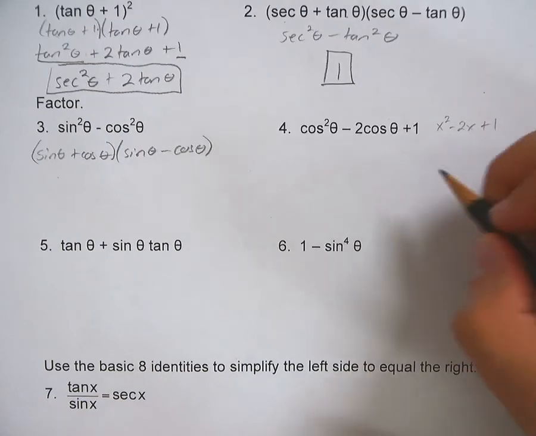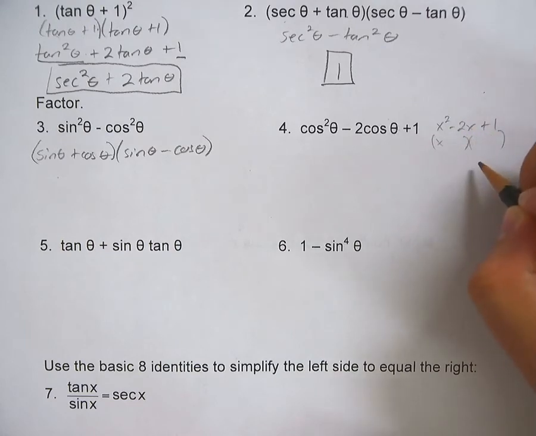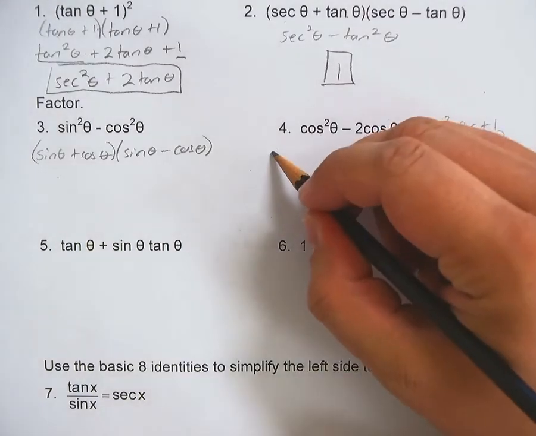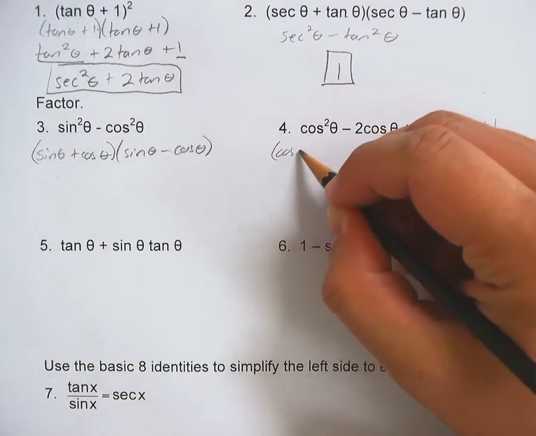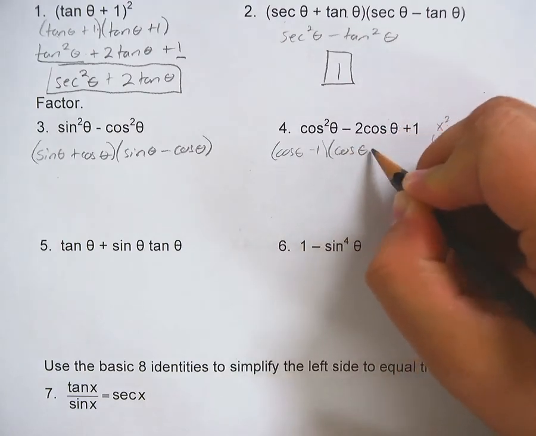So factor it just like it's that. You know it's going to be x minus 1 times x minus 1, right? So now let's do that over here. So this will be cosine of theta minus 1 times cosine of theta minus 1.